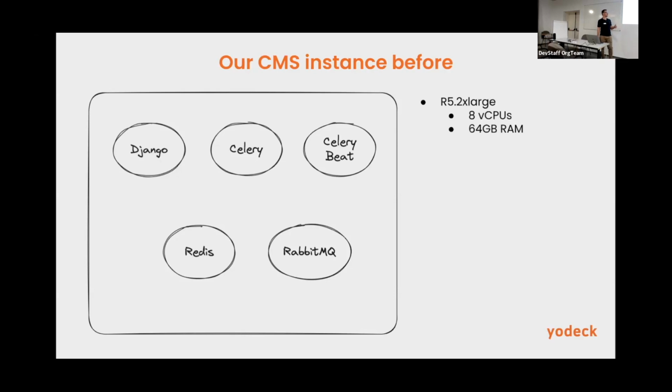It was an R5 2xlarge AWS EC2 instance that had 8 virtual CPUs and 64 gigabytes of RAM, and consisted of a Django application, that is our main web server, a Celery application that is a task running software, and Celery Beat that manages some scheduled tasks that Celery actually executes. And on the same machine, we had a Redis that was used as a cache, and the RabbitMQ that did all the task queuing between the Django application and Celery.